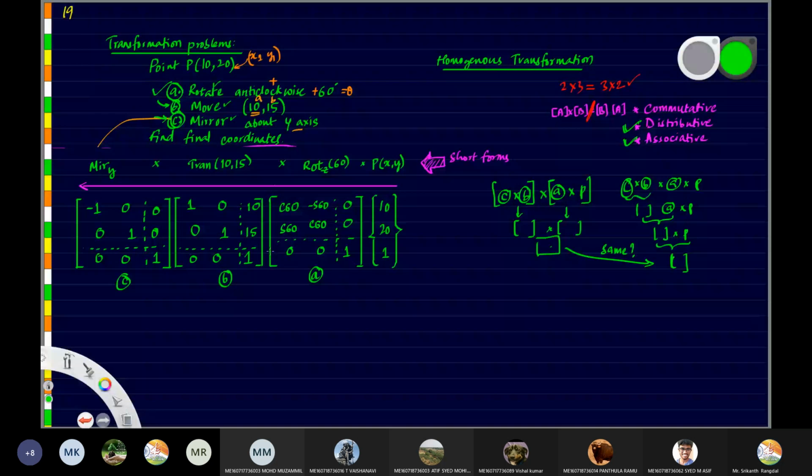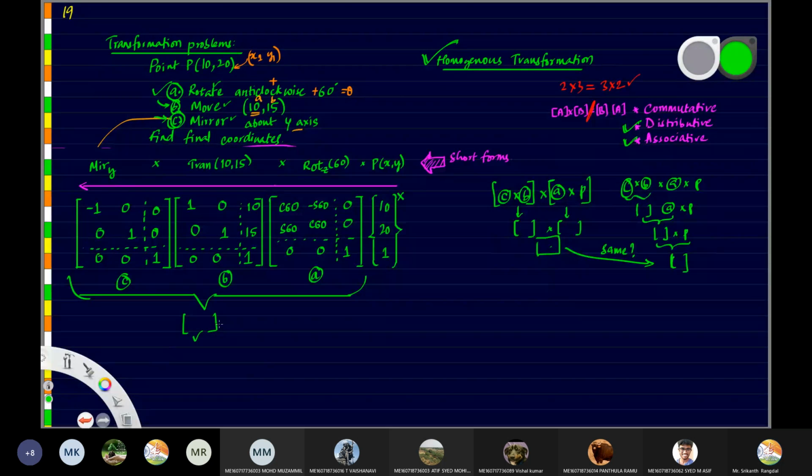So that is one of the biggest advantages of the homogeneous transformation matrix. If I don't even know the point, I can just multiply all these three matrices to get a single matrix. And this single matrix I can keep ready to apply to the point to get the final result, isn't it?